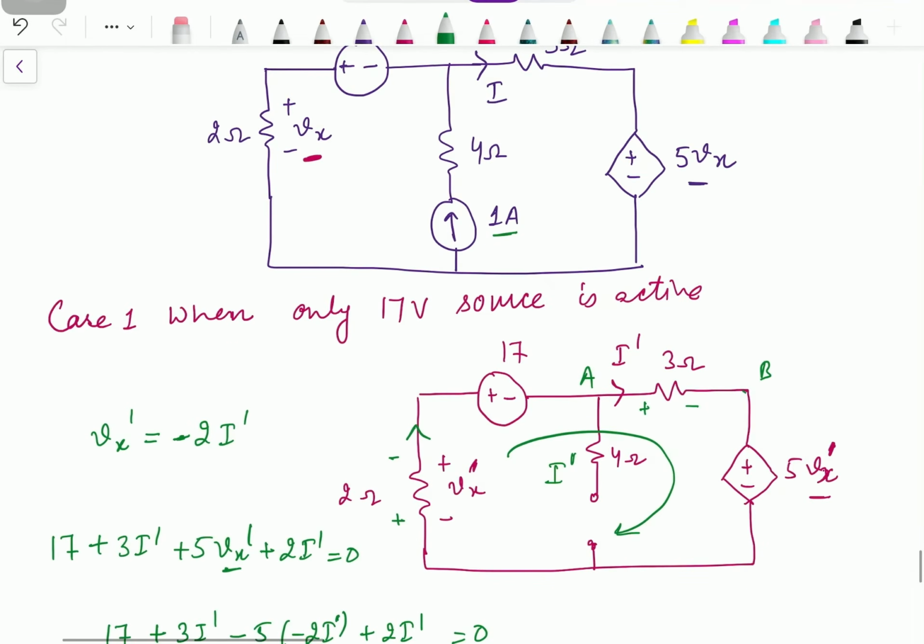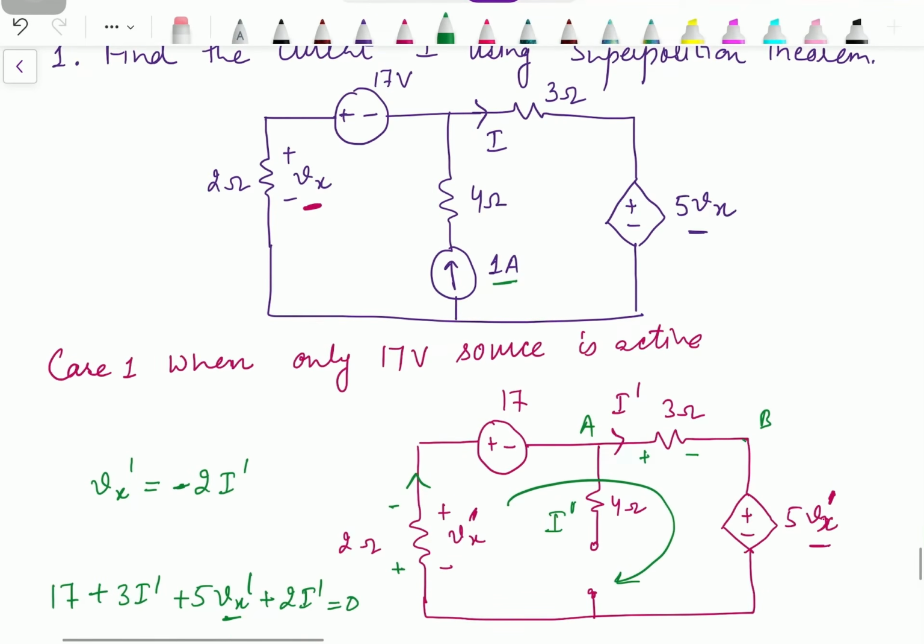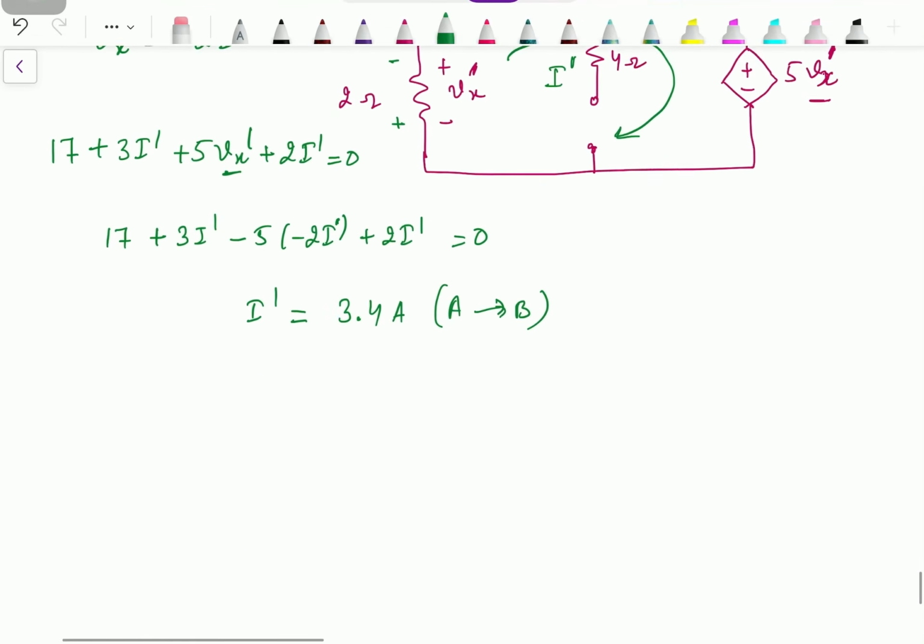Second case is when the 1 ampere source is active. So when the 1 ampere source is active, this source will be there in the circuit. We need to replace this voltage source by its internal resistance. Now the internal resistance of an ideal voltage source is 0, so that will be replaced by a short circuit.